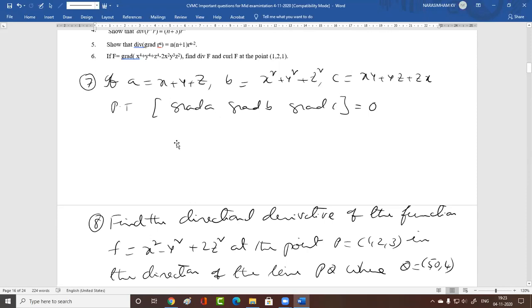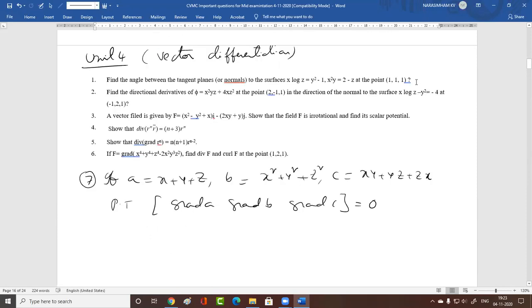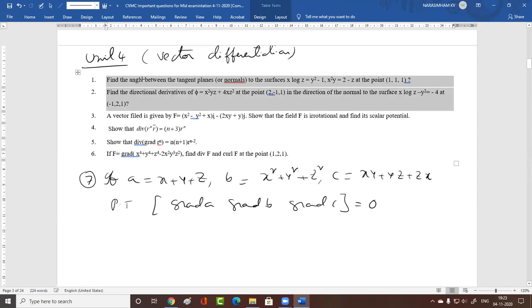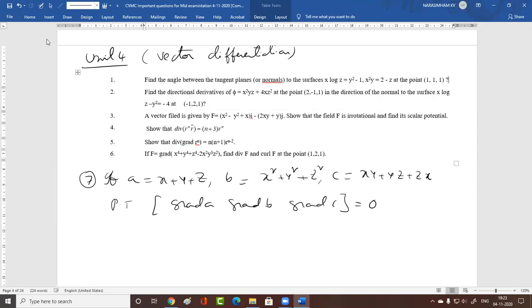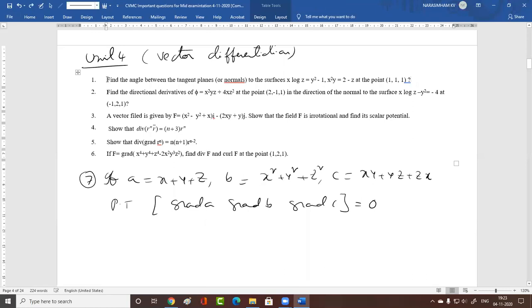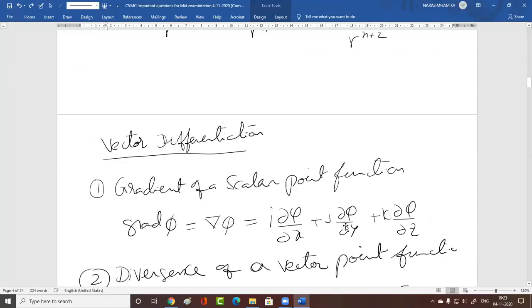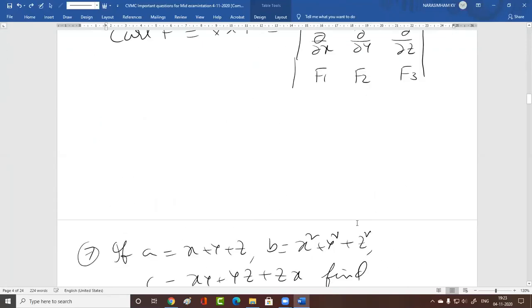Next model, this one. Find the angle between... okay, I will copy this question.